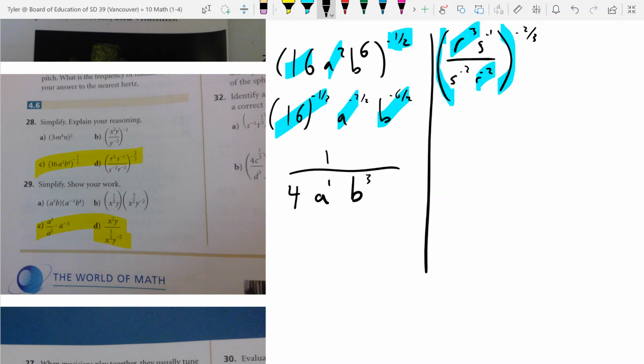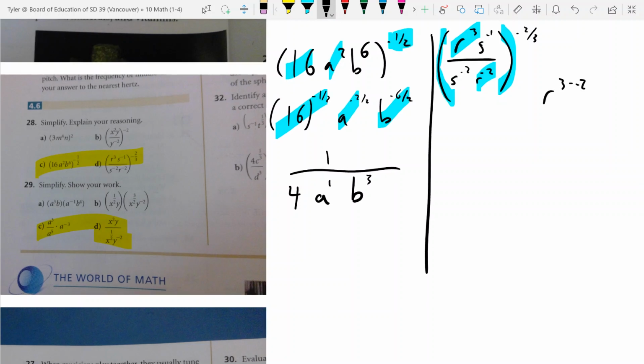So it becomes r to the 3 minus negative 2, which is just r to the 5. Remember, whenever you're doing subtraction like this with denominators and exponents, the answer always is on the top, the numerator. Okay, and then the s is going to be s to the negative 1 minus negative 2. So it's going to become just s to the 1.